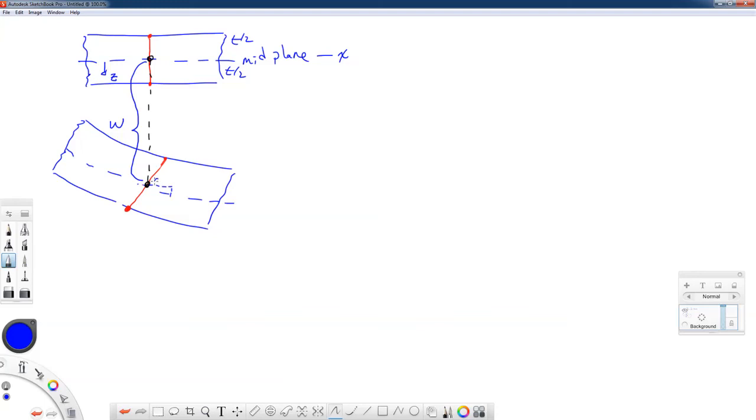So we can think of this as partial w with respect to partial x. So this angle right here, from where we can draw this horizontal to where this comes out this way, we can consider that angle the partial of w with respect to x. Again, just like the beams, we've used small angle approximations.